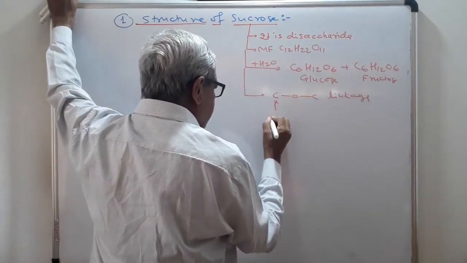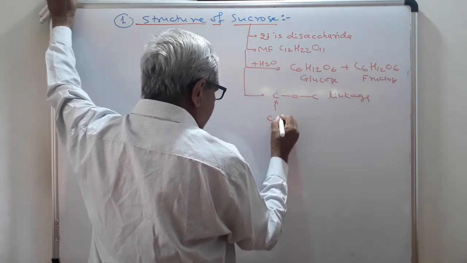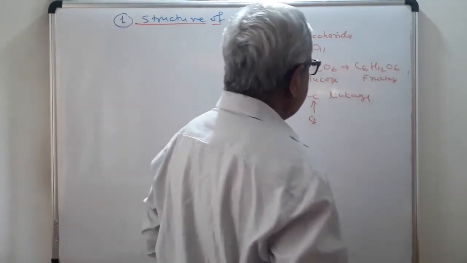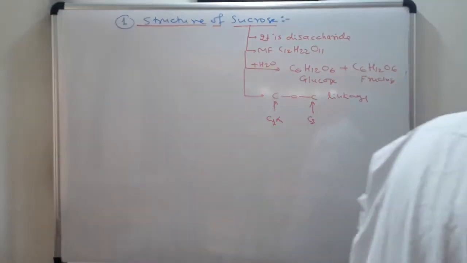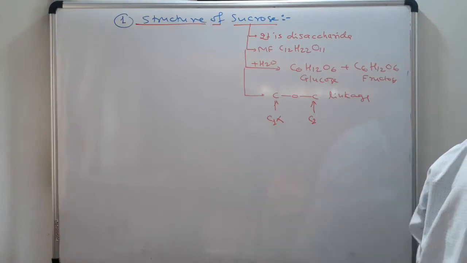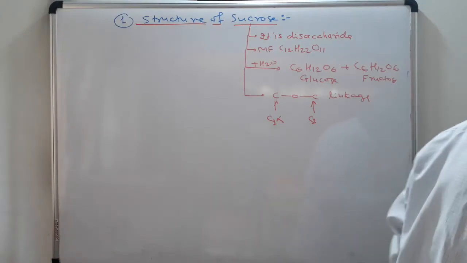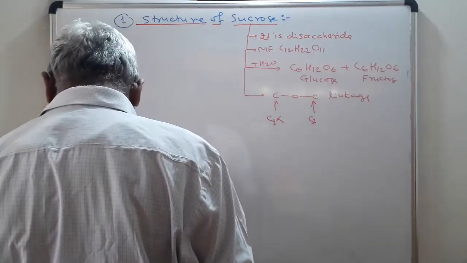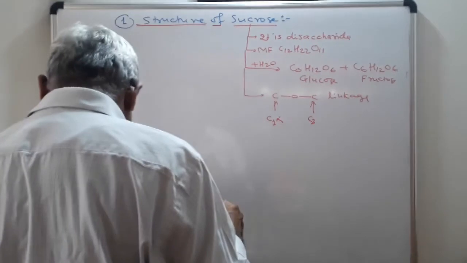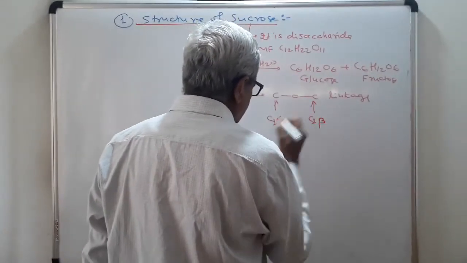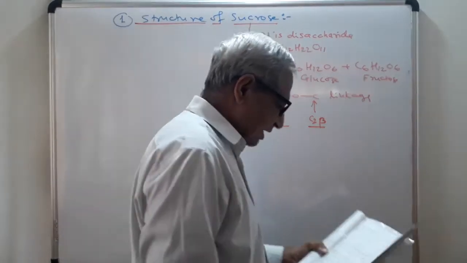The first is present at C1 alpha carbon and this is present at C2 of the fructose, and that is known as C2 beta. So these are the points here.